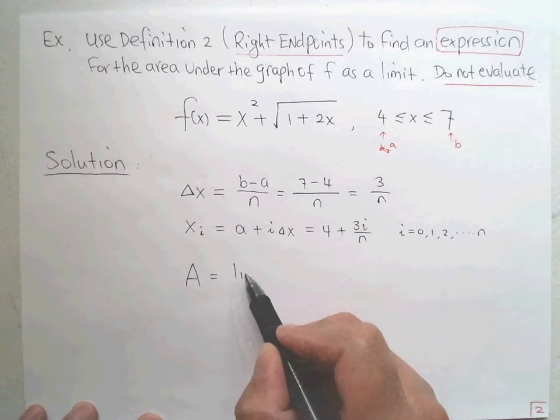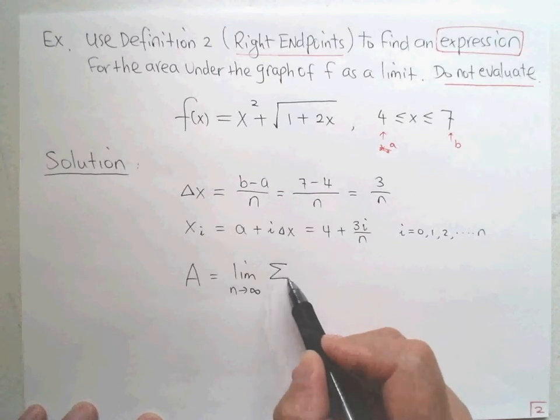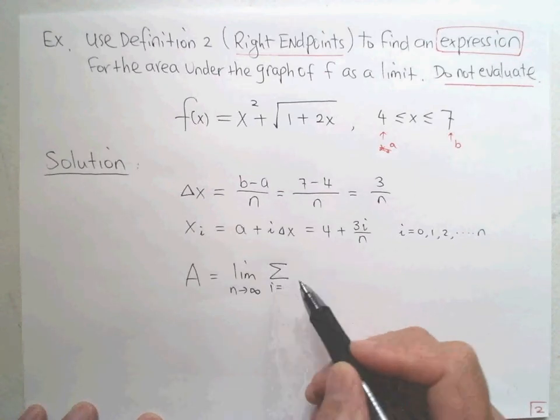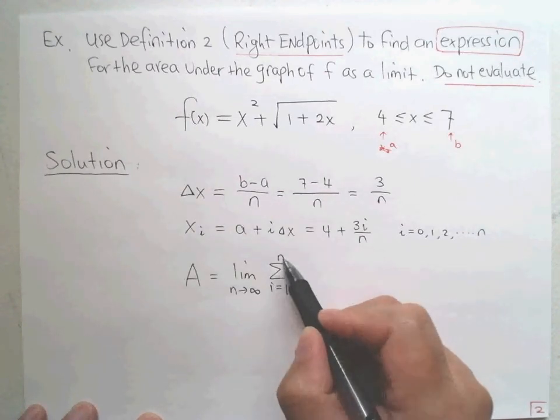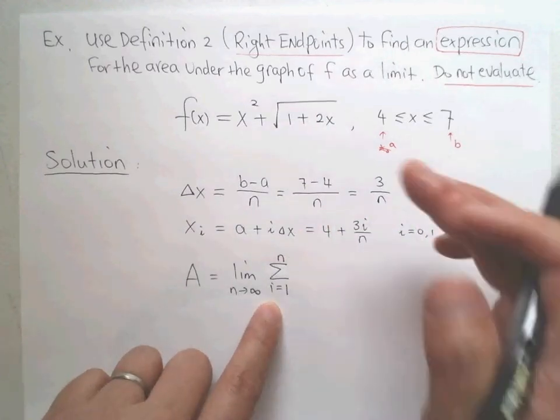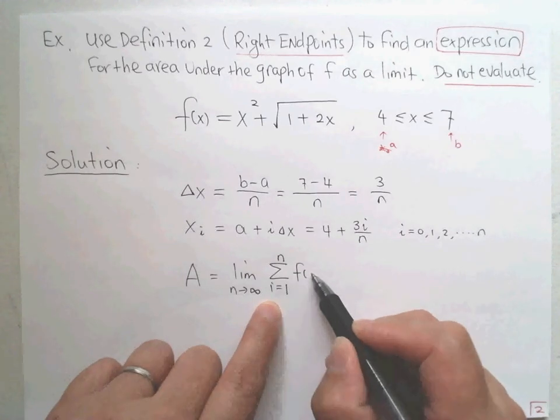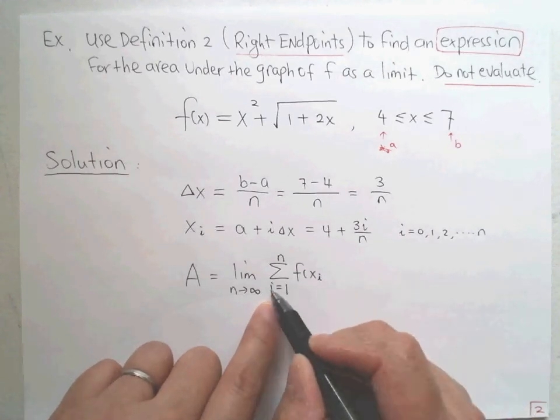Now we use the definition. The area A is this. Remember the limit as n approaches infinity, we use sigma, i from 1 to n. Why? Because we go from x1, the right end point.